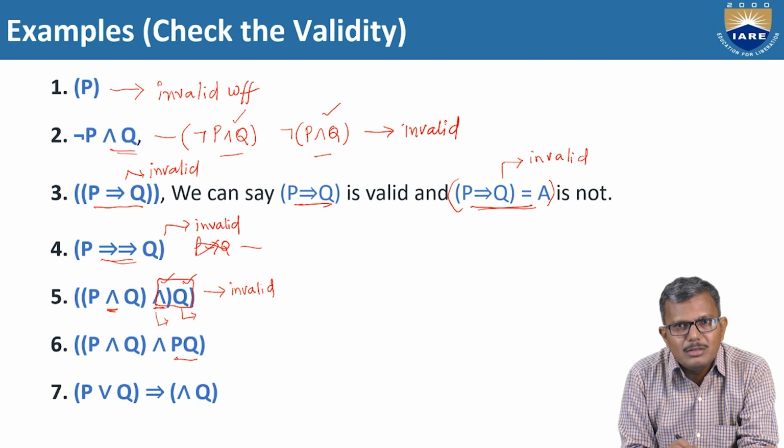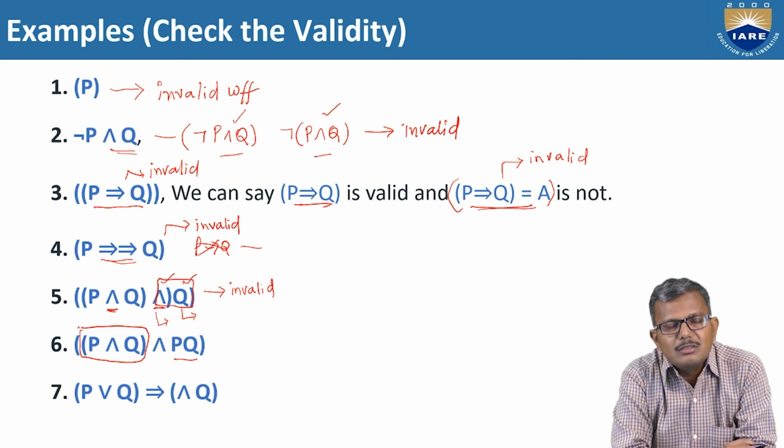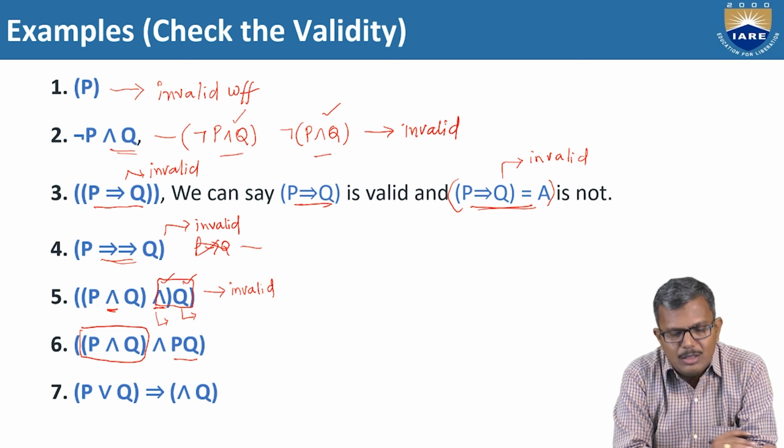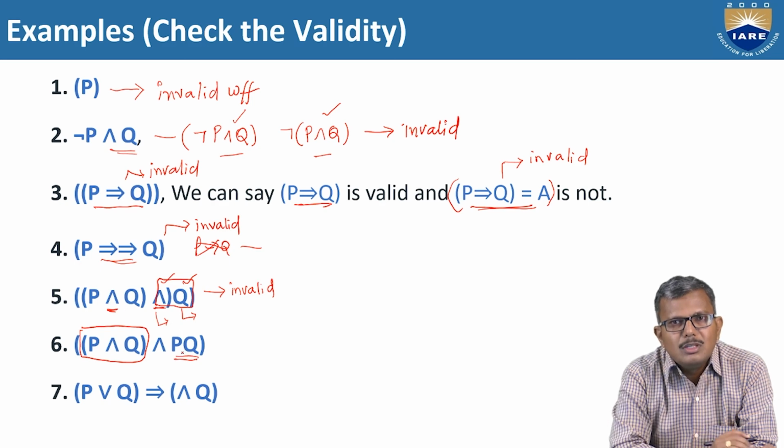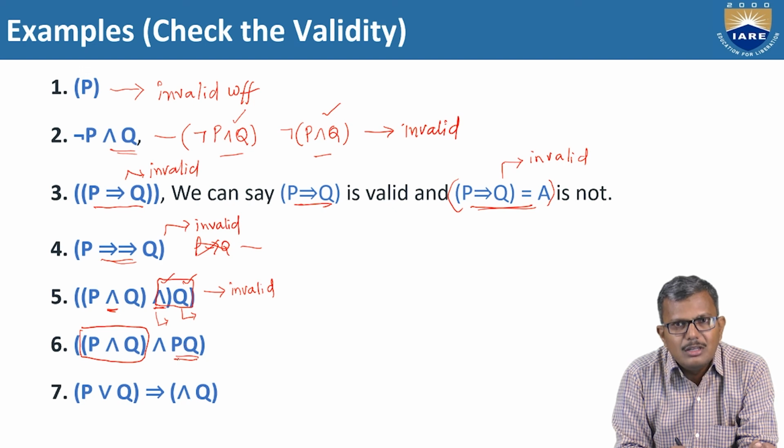Come to the sixth example, P and Q. Of course, in this particular case, our representation is correct. Why? Because P and Q represents a composite statement, and as per the rules, we have kept it inside the parentheses. But come to this one, PQ. P is one atomic statement and Q is another atomic statement. Two atomic statements without the use of a connector, you should not represent.